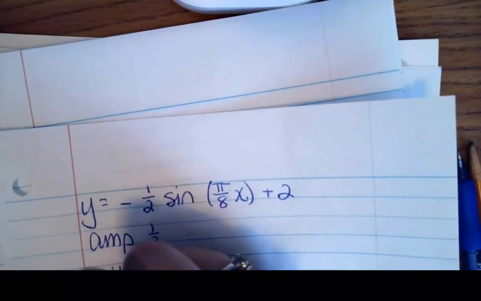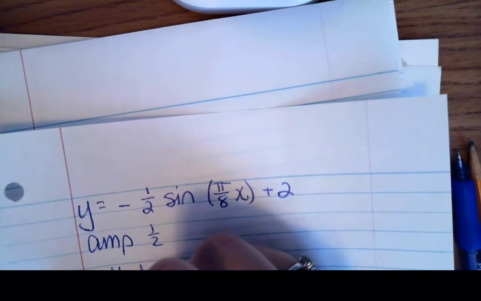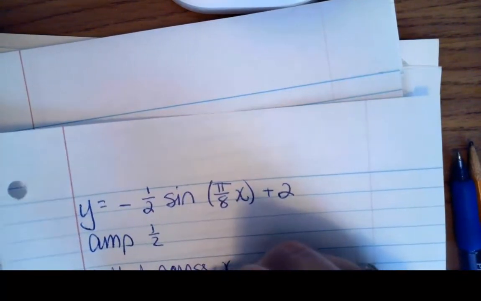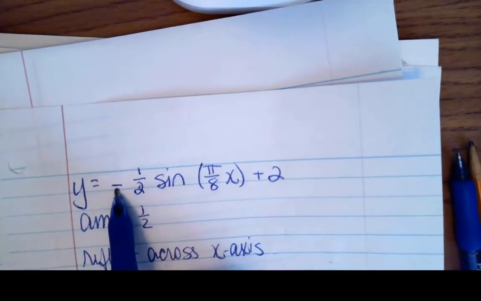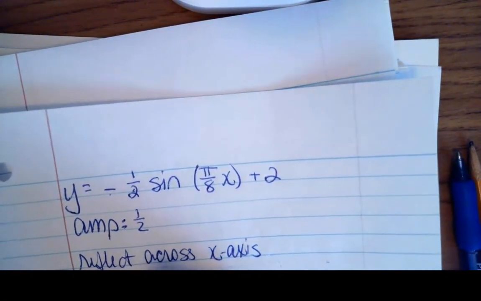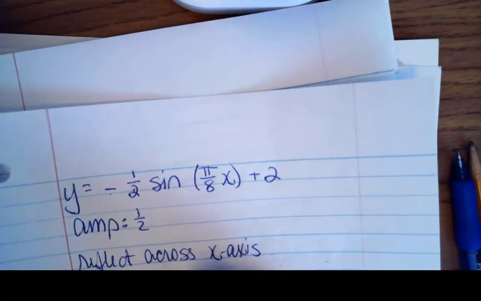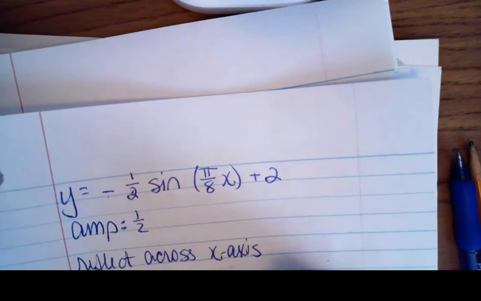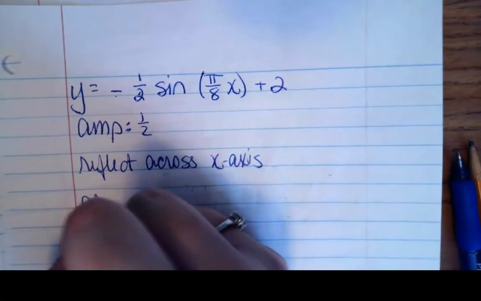I did reflect across x. I do have a vertical shift of 2, positive 2. And then I would like to know what my period is.